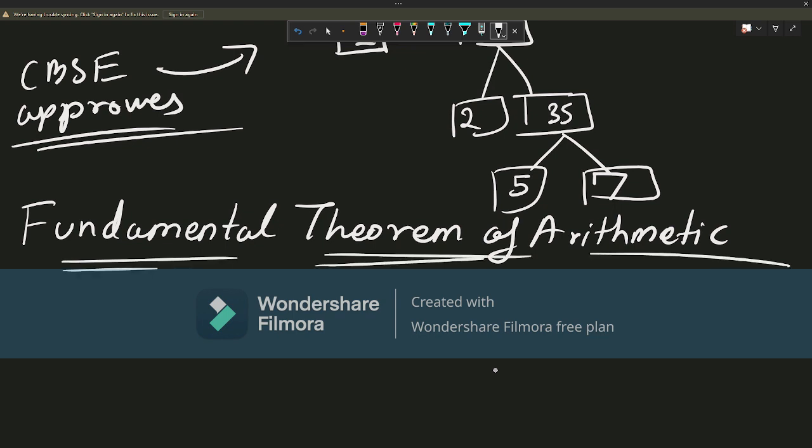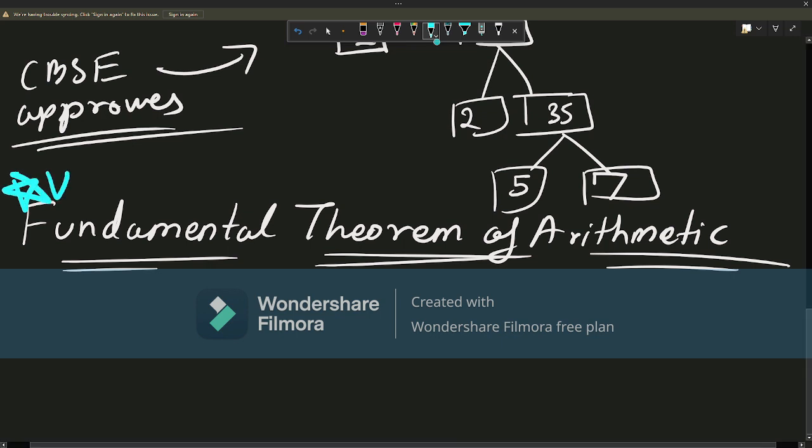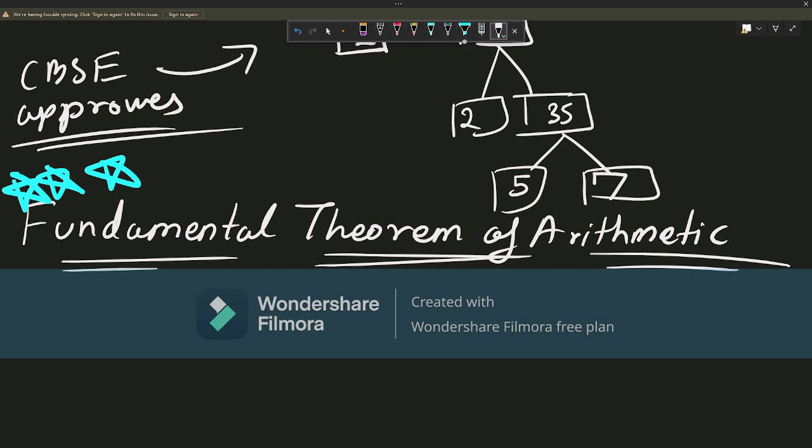This is like the soul and heart of this chapter, and also of proving that root 2 or root 5 or any such number is an irrational number. So I will mark it over here. It is really important. In this they have mentioned only one specific thing you need to remember. You don't need to read all the things, just one specific thing, and the fundamental theorem of arithmetic ends there.